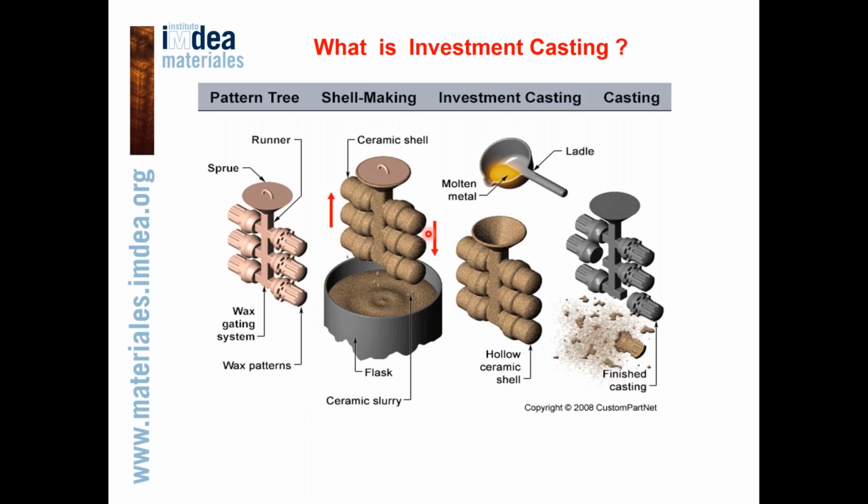Once the refractory coat is thick enough, it is allowed to dry in air in order to harden, and then the obtained setup is heated to elevated temperatures in order to melt the wax, which flows out of the mold, leaving the cavity for the metal casting, or leaving the hollow ceramic shell.